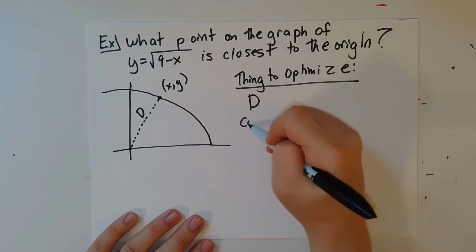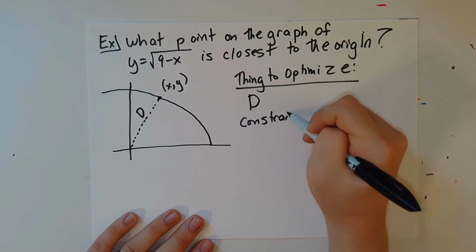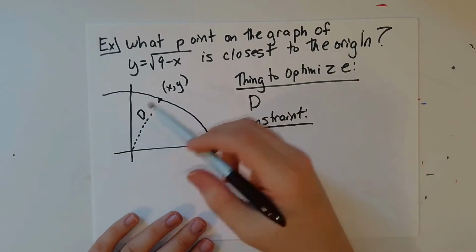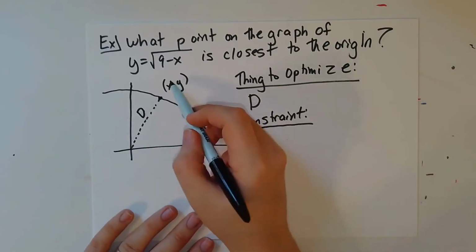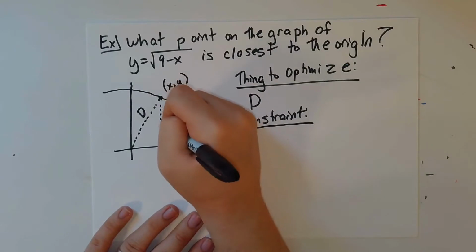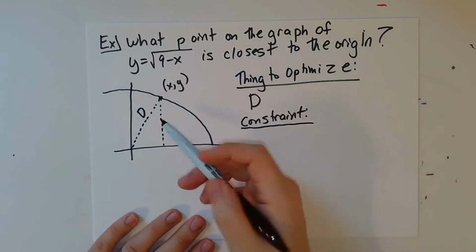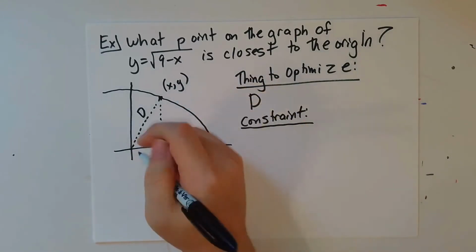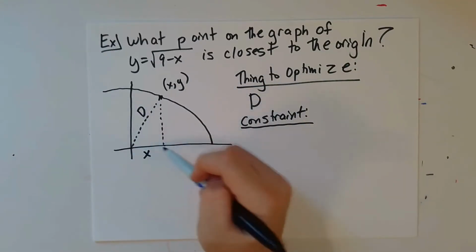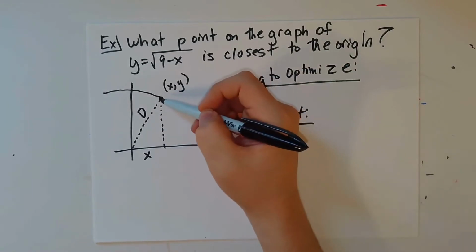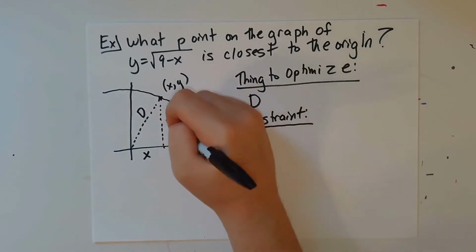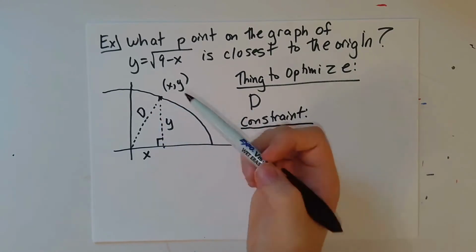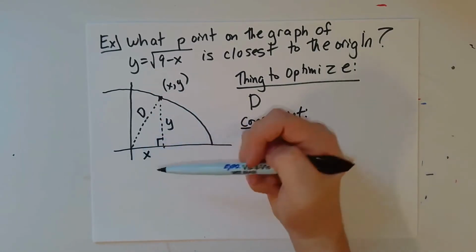And my constraint is, well, if I think about it, what is this distance? Well, this point is x comma y because it is x to the right and y up from the origin. And so really, this D here, it's actually the hypotenuse of this right triangle.